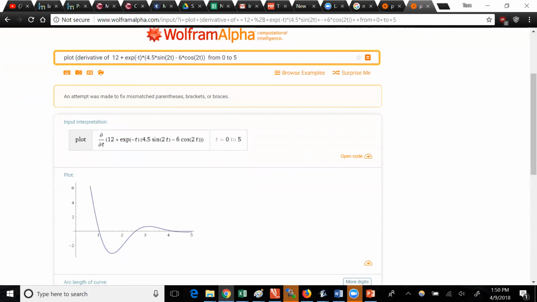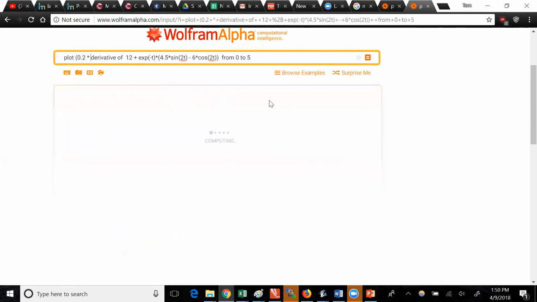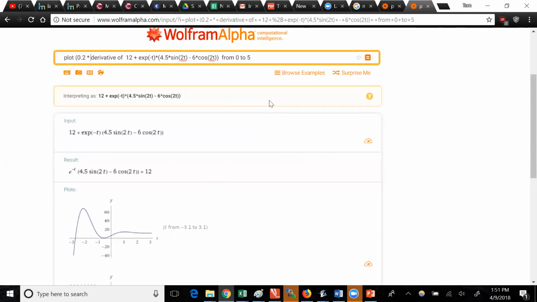Oh yeah, it's i equals C times dv/dt, so it's multiplied by 1/5, divided by 5. Okay, so plot 0.2 times the derivative of that. It should change the scale, but the shape should be the same. And what did it do?